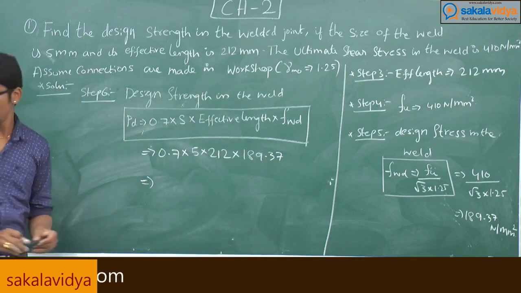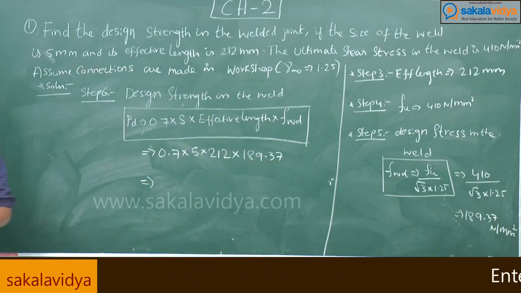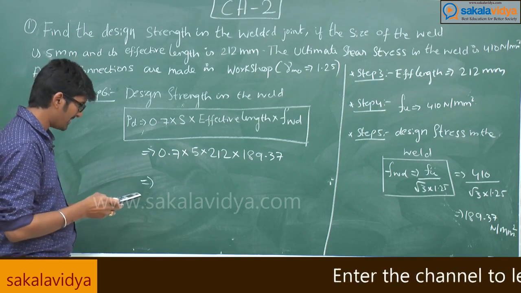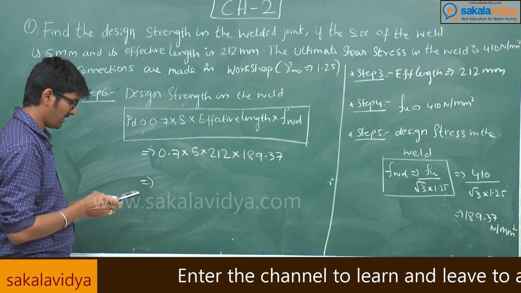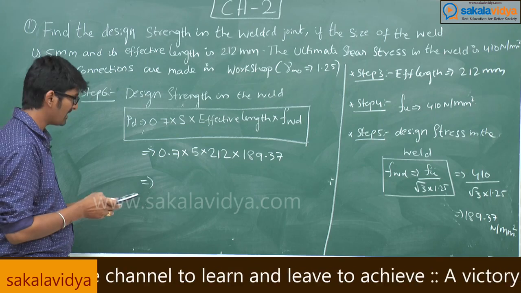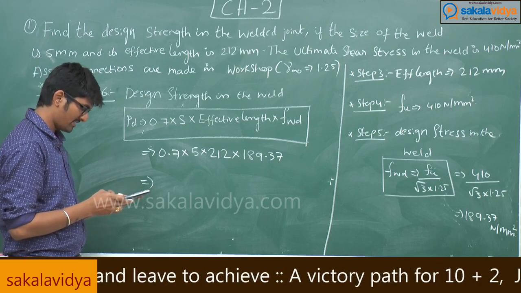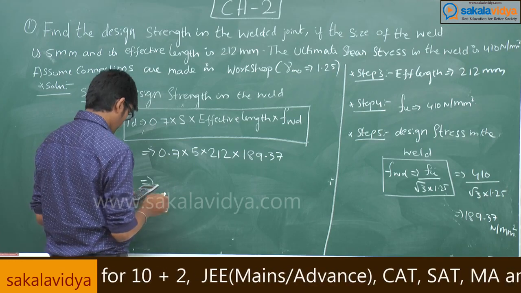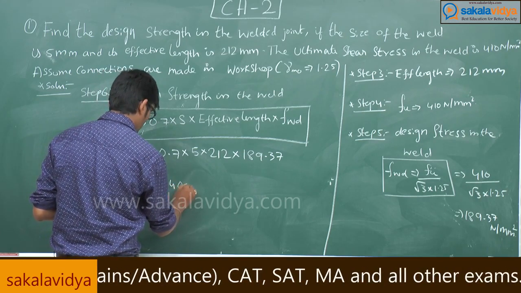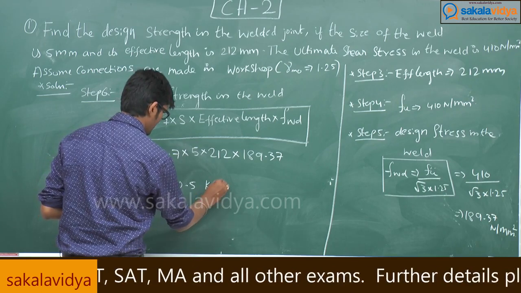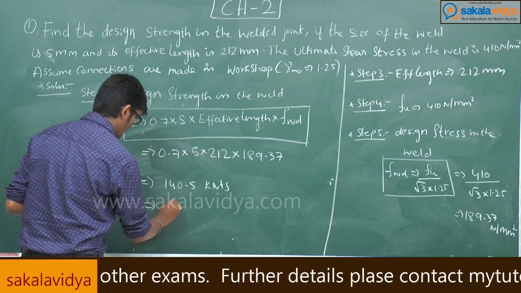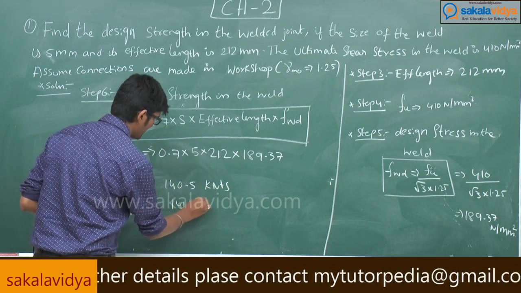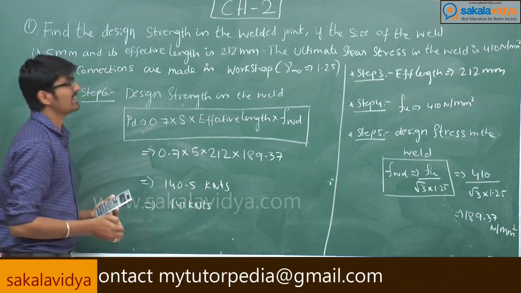Let us find the design strength. 0.7 into 5 into 212 into 189.37. We got 140.5 kilonewtons. That is approximately 141 kilonewtons is the design strength in the welded joint.